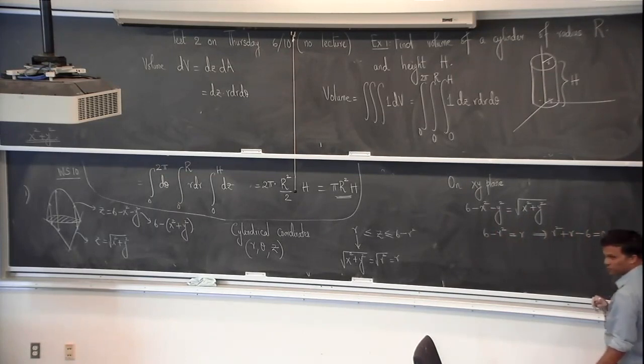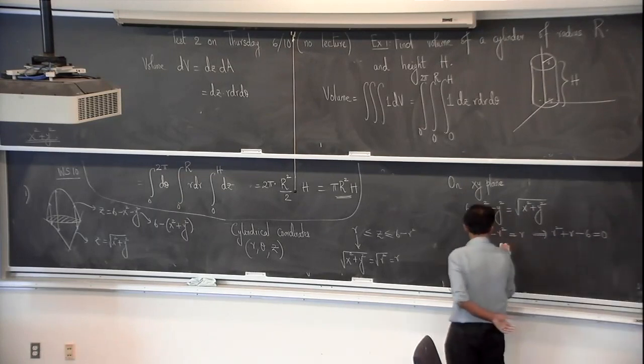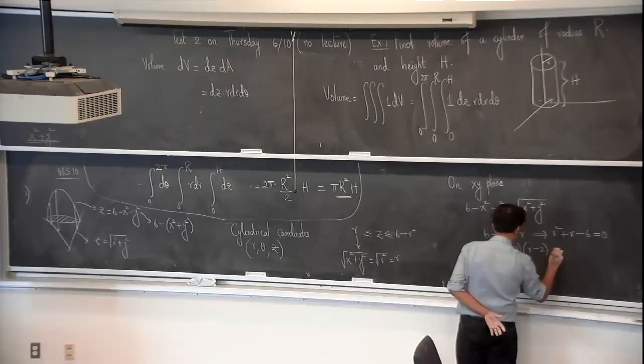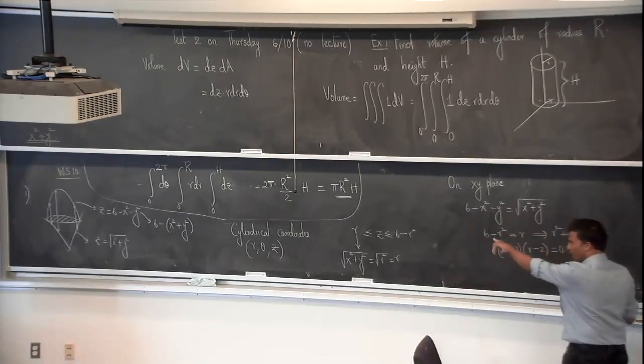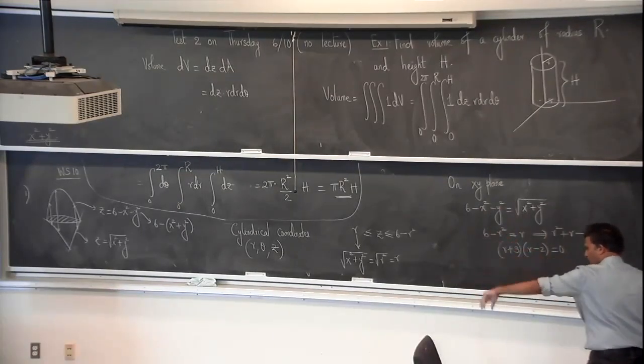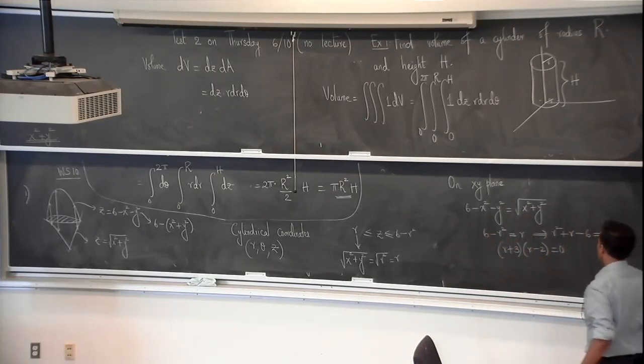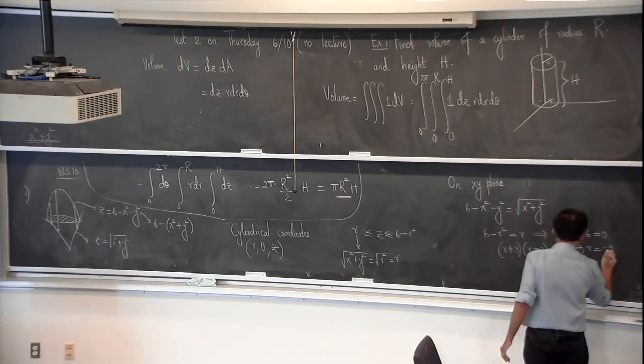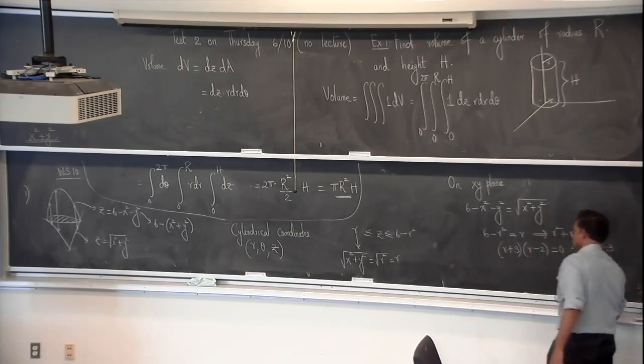I hope all of you know how to solve this. You could factor it: r plus 3 times r minus 2. So we are trying to find the radius of that circle forming that cross section. We get two values, r equal to negative 3 and r equal to positive 2.